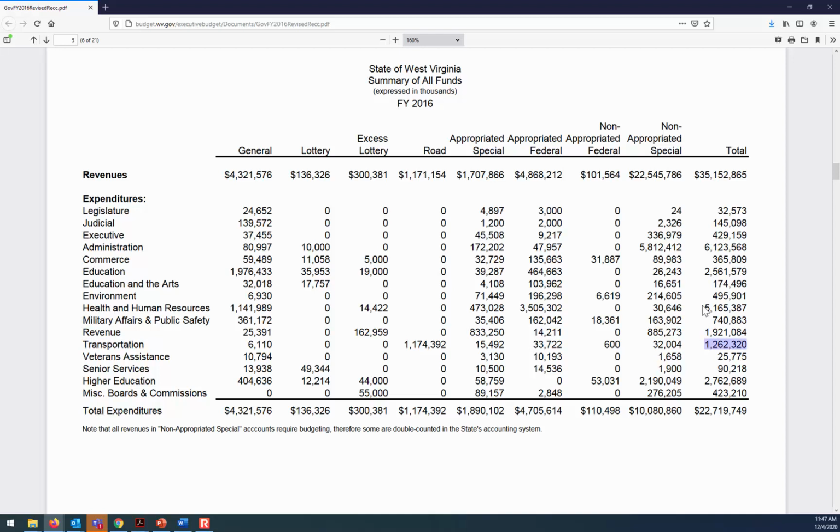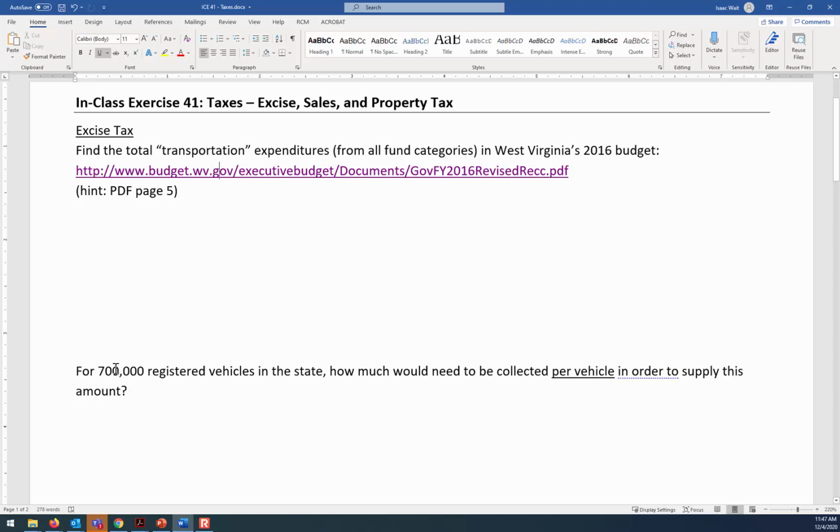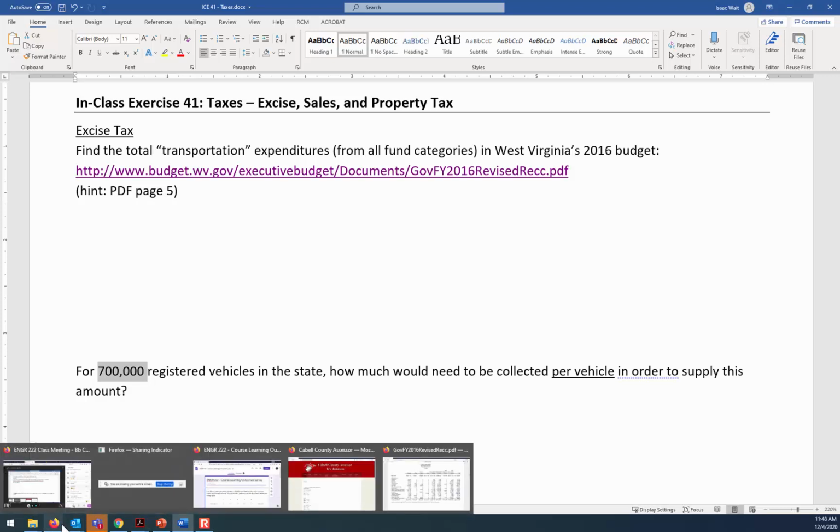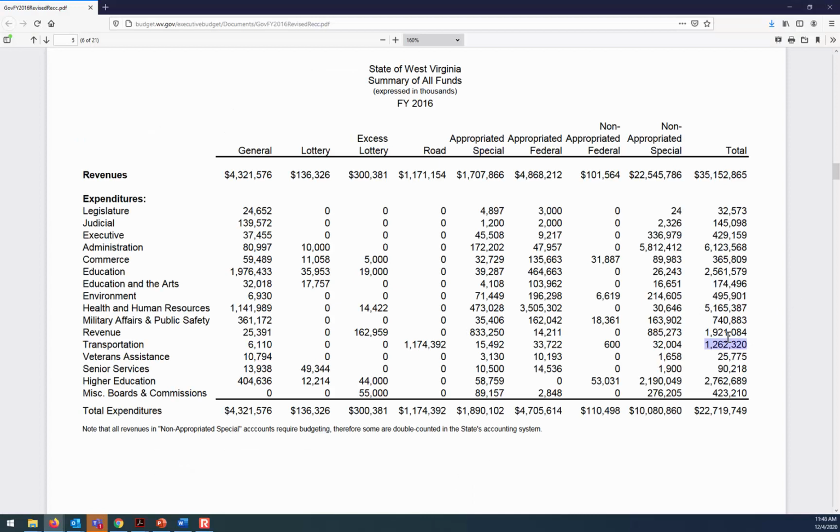And so in the in-class exercise, it's asking if you had 700,000 registered vehicles in the state, and I think that's approximately true, then how much would you have to collect per vehicle in order to cover the cost of $1.2 billion?